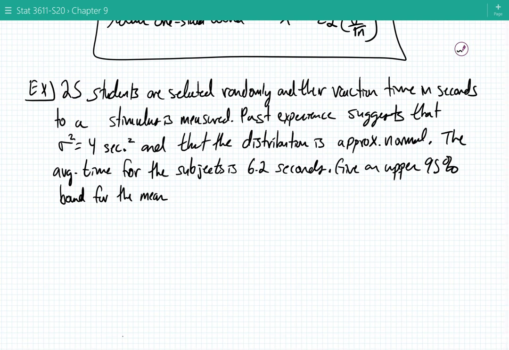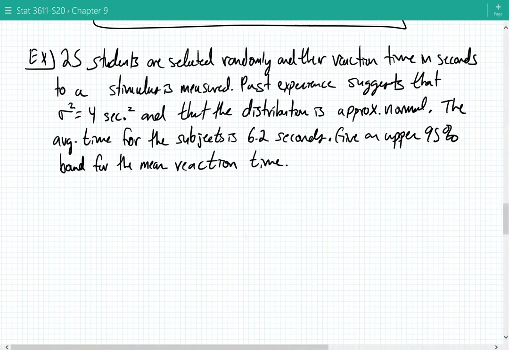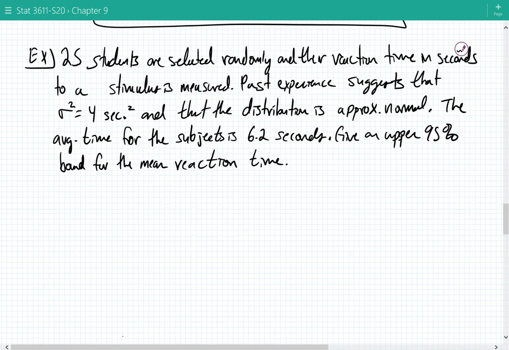So what we're doing is we're measuring the reaction time here. We don't care about the lower bound, because if the reaction time is 0, so what? But we are concerned with the upper bound, saying, how long can we put a cap on what the average is, as far as an upper cap?